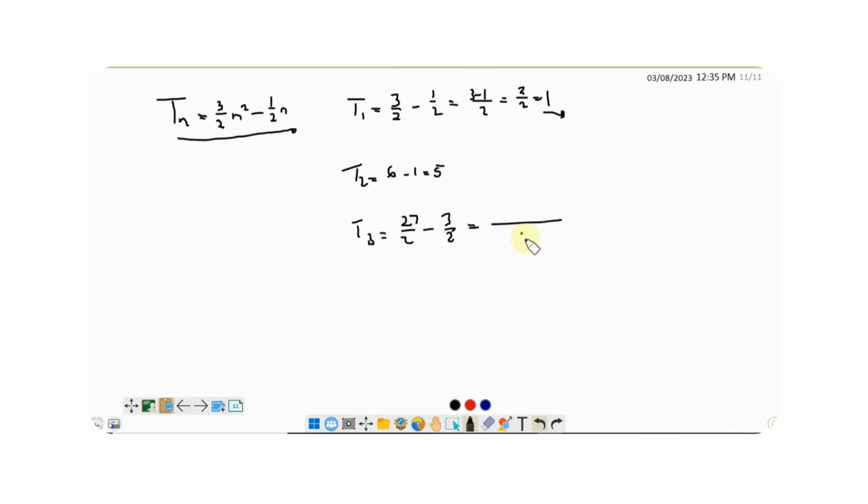Same as 27 minus 3, which is 24. So that is 24 over 2, which is 12. So T3 is 12. Let's check.